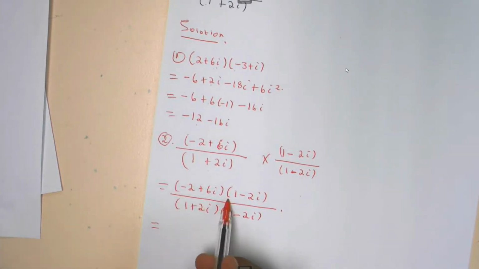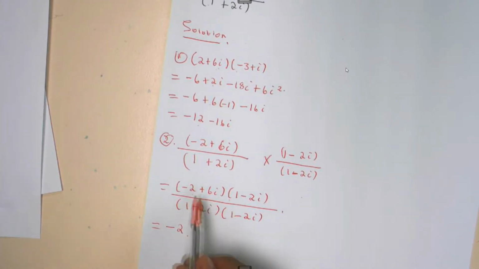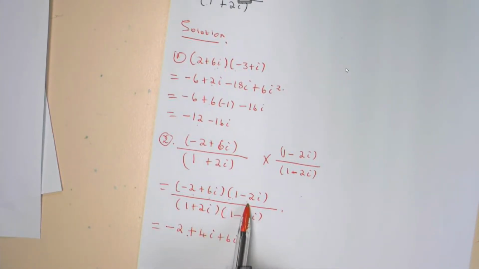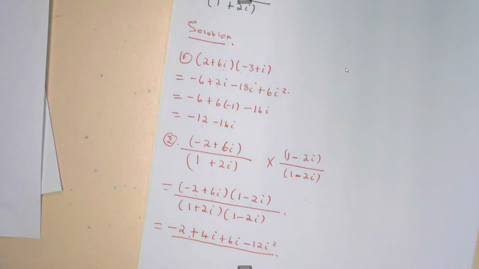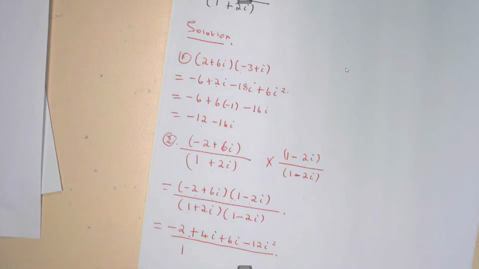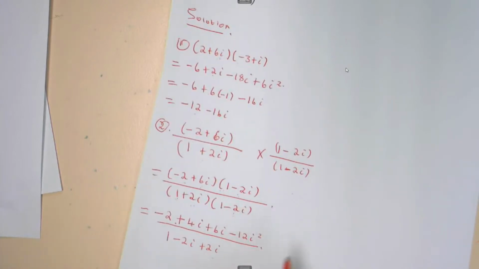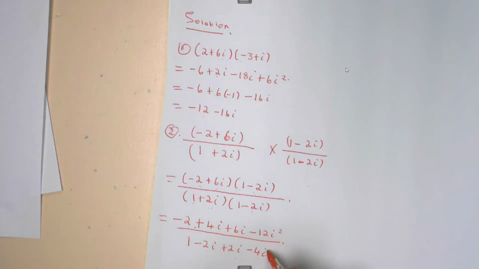So we are going to multiply now. Minus 2 multiplied by 1 is minus 2. Minus 2 multiplied by minus 2i will give us positive 4i. 6i multiplied by 1 will be 6i. 6i multiplied by negative 2i will give me negative 12i squared, very important. Divided by how much? 1 multiplied by 1 is 1, 1 multiplied by negative 2i is negative 2i, 2i multiplied by 1 is positive 2i, 2i multiplied by negative 2i will be minus 4i squared.